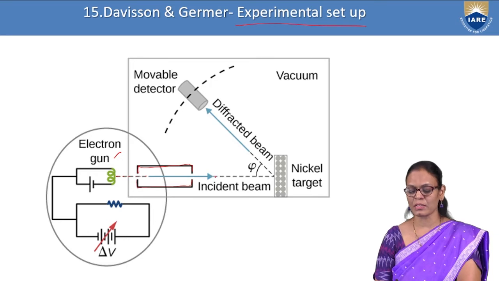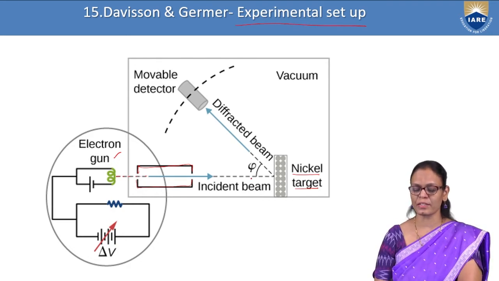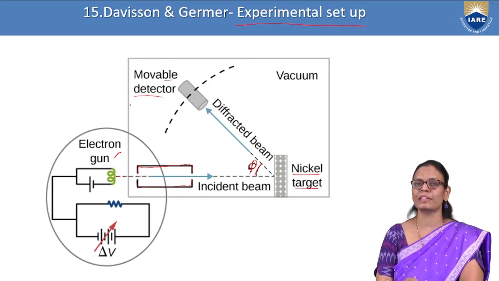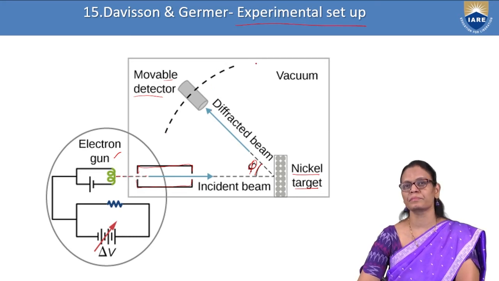Now this beam is coming and hitting a nickel target. This is the nickel crystal we are taking. When it hits, what happens? There is diffraction. They will diffract at different angles, and the diffracted beam is captured with the help of a movable detector, because they are diffracting at different angles.